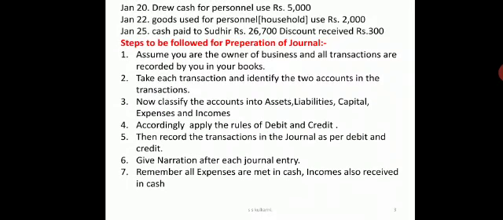So all expenses and incomes are met in cash. Now when I am solving the journal, in the slide I have given this particular mark, decrease and increase. So if the arrow is pointing downward, it is decrease, and if the arrow is pointing upward, it is increase.